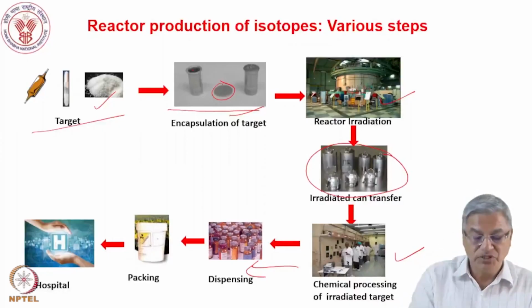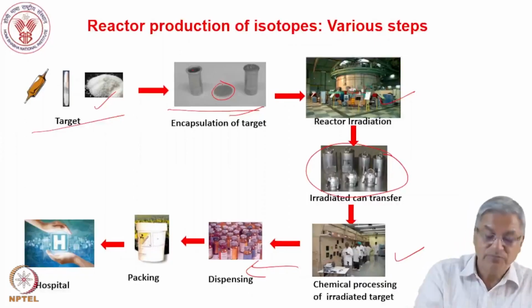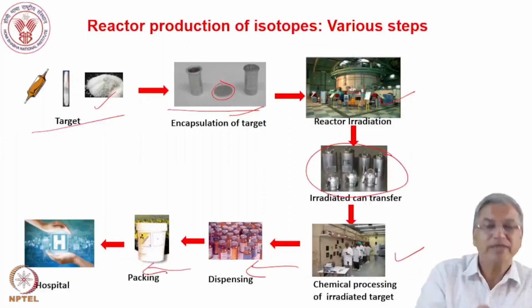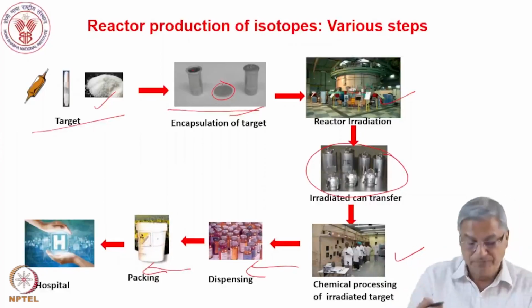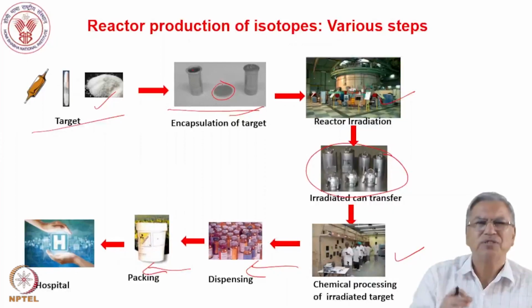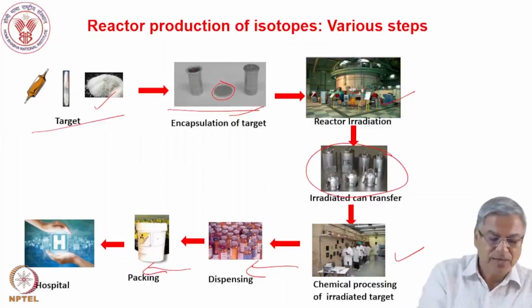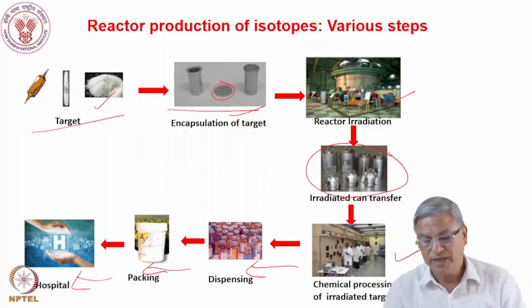There has to be a quality check. Many times the sterility also has to be checked if it is for direct injection into a human being. Then these are packed into lead pots, and then we have the package. You have to give the proper package so that people can identify what the dose is, what the activity is and all that. And then they are supplied to the hospitals by the agency.